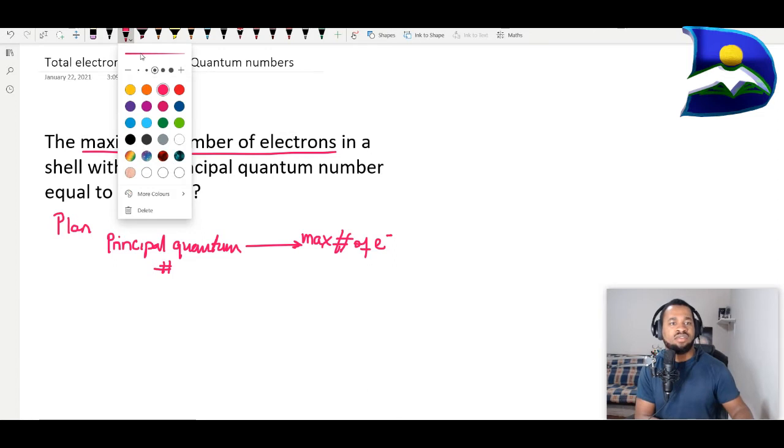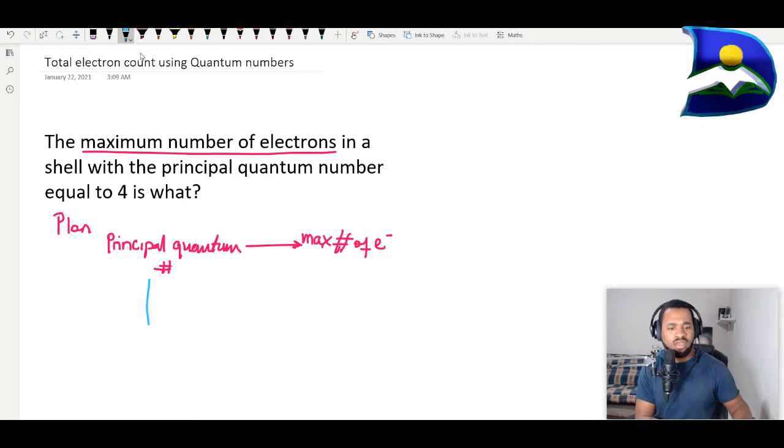The steps that we're going to follow: first, we need to know what the principal quantum number is. Looking at all the possible quantum numbers first will allow us to check out various ways to go about this problem in order to get to the maximum number of electrons. One way is looking at the principal quantum number, which is represented as n.